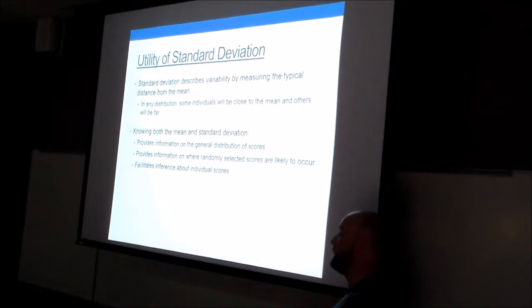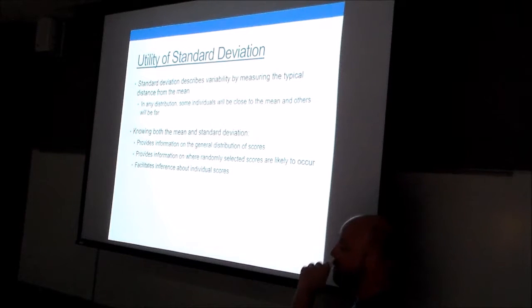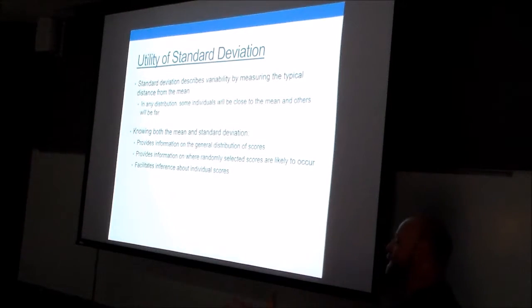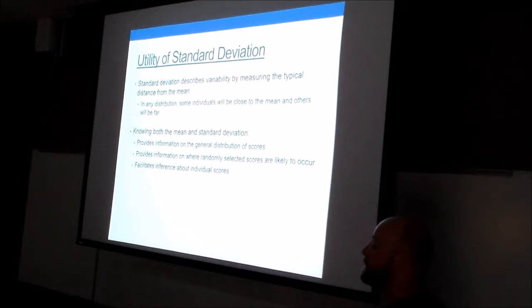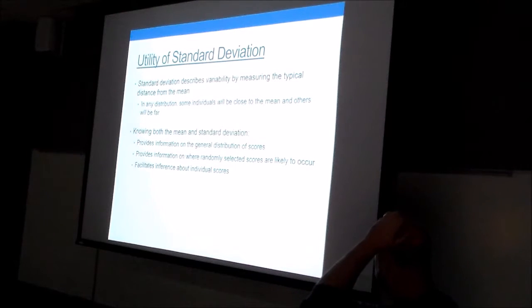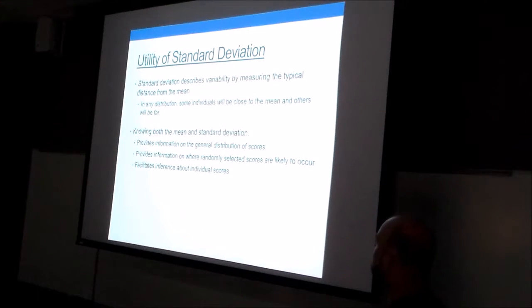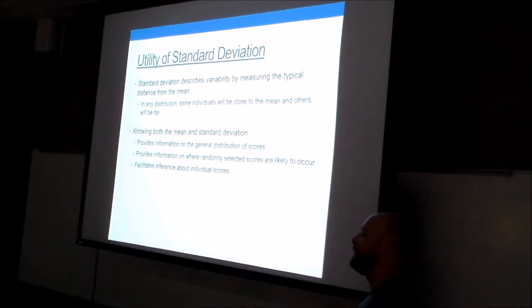You should probably be reporting a lot more than just those, as you'll read in our readings, but at bare minimum, means and standard deviations, because if I know these two things, I have information about the general distribution of scores. I know, if I were to randomly select a score, on average how far it's going to differ from the mean, and it starts to facilitate inference about individual scores.